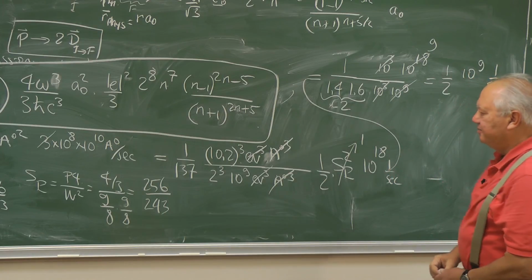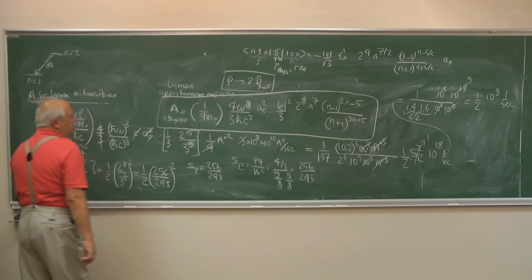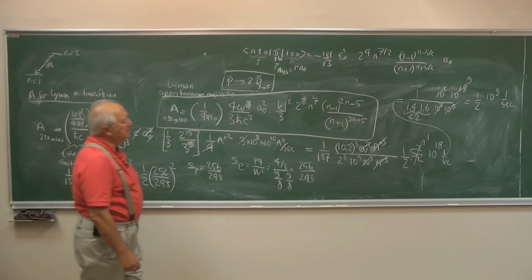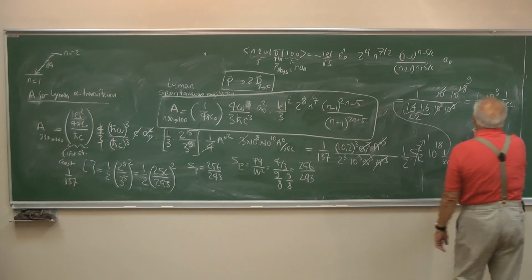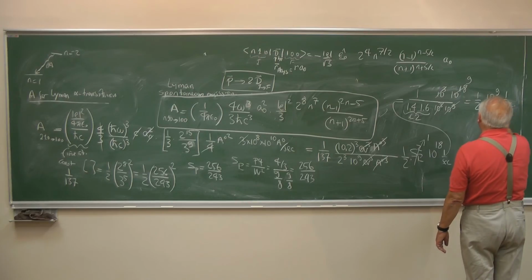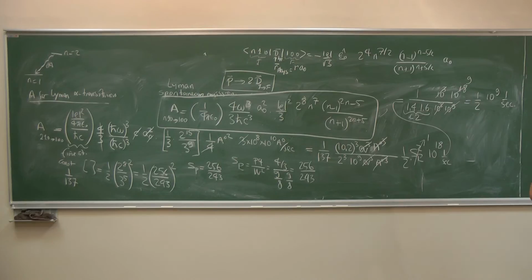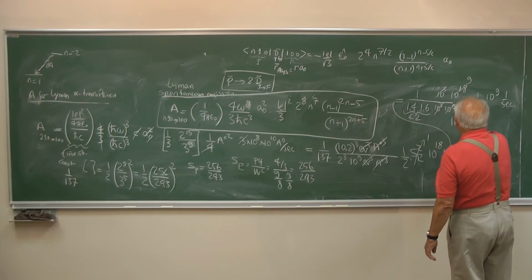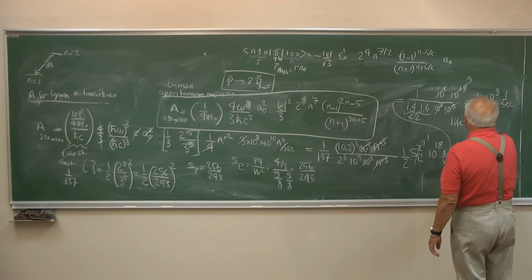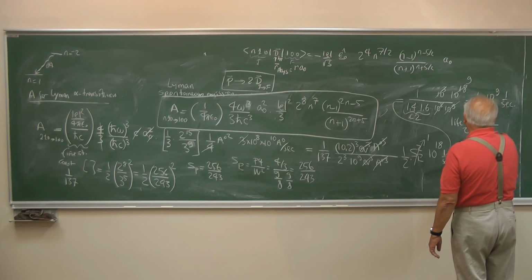We are finished. It says that the transition rate, spontaneous emission rate, is 1/2 10 to the 9 per second. And the lifetime of the state is defined to be 1 over A. This is tau.